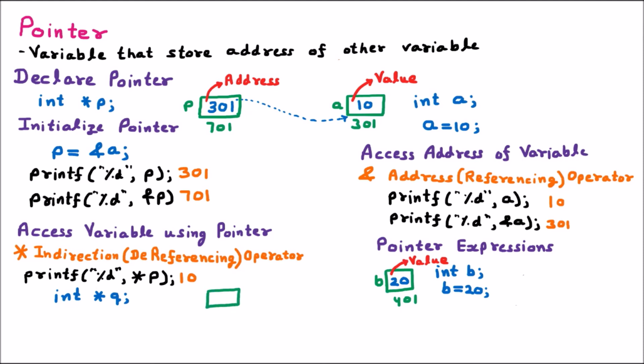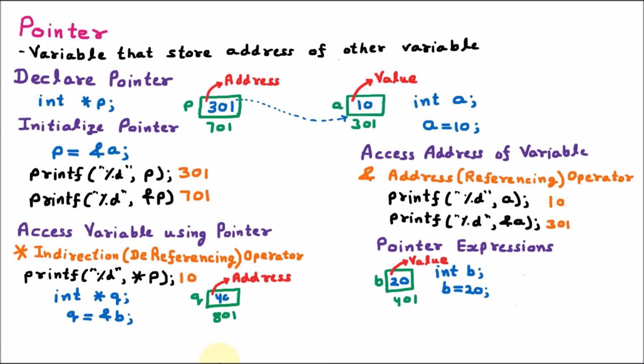This block, let us suppose, has the address 801, and this is named q. As this is a pointer variable, it will contain an address. The pointer q has the address, let us suppose, of b. So I am saying q is equal to &b. So here pointer q has the address of b.